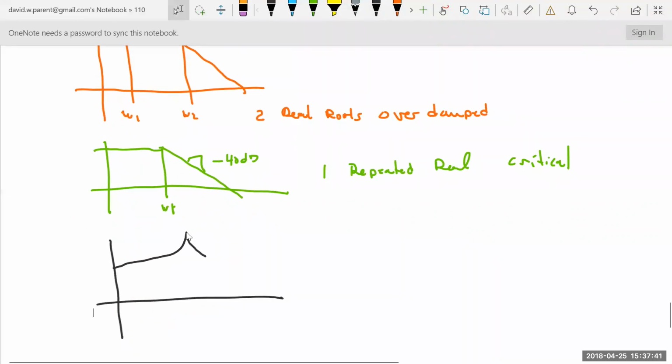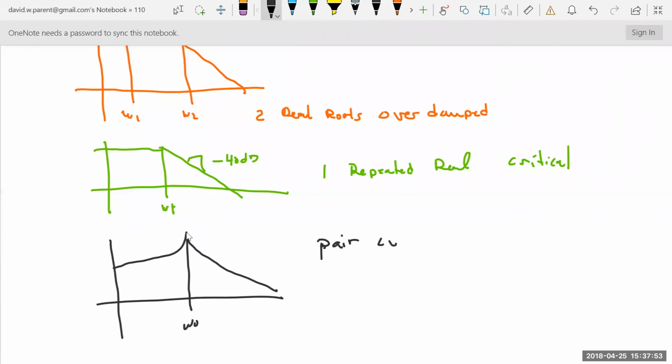If you see this, a peak here, right, you have a pair of complex roots.